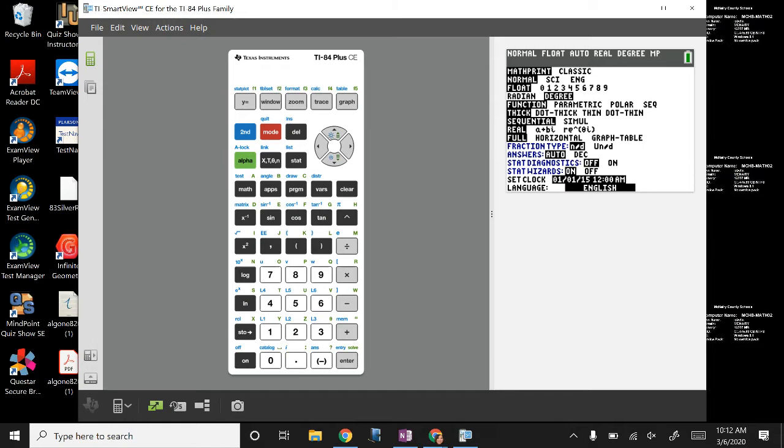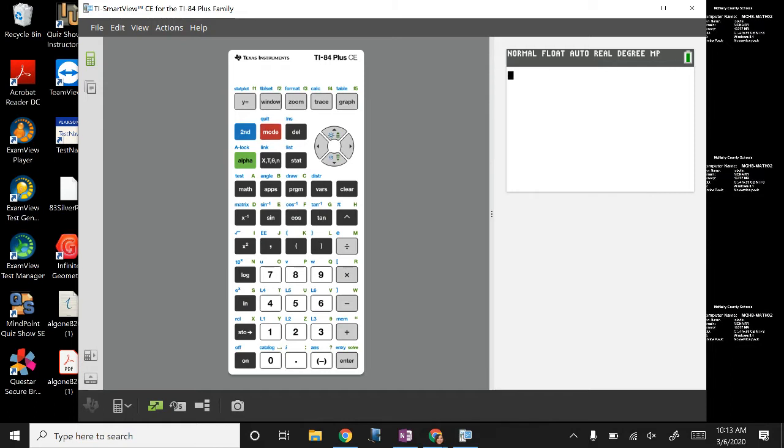So to highlight degree, you arrow over to degree and hit enter. Does everybody have degree highlighted? All right, how do we get back home? Yeah, second mode takes you home. Second mode takes you home. All right.